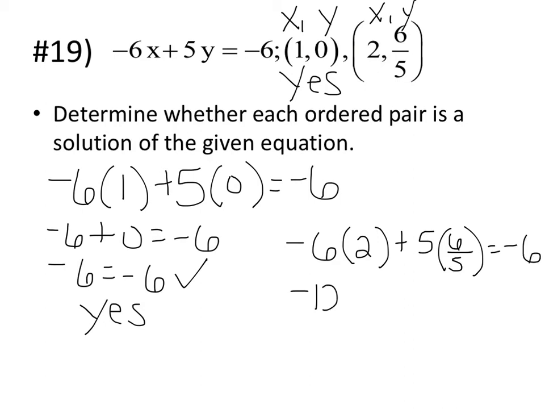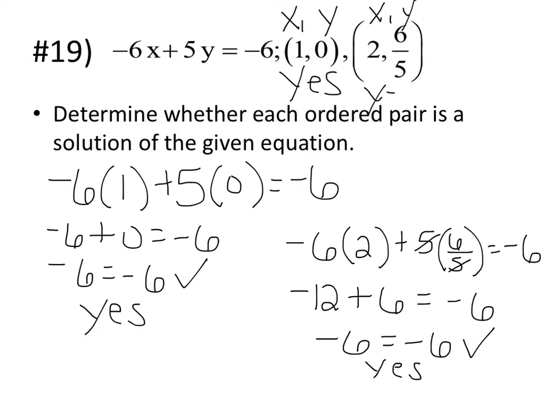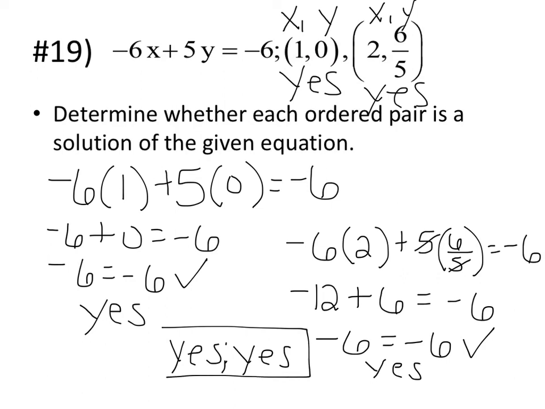Negative 6 times 2 is negative 12, plus these 5's are going to cancel, plus 6 is equal to negative 6. Alright, negative 12 plus 6 is negative 6. Negative 6 equals negative 6, so this is also yes. So your answer on this one would be yes, yes. They're both solutions.